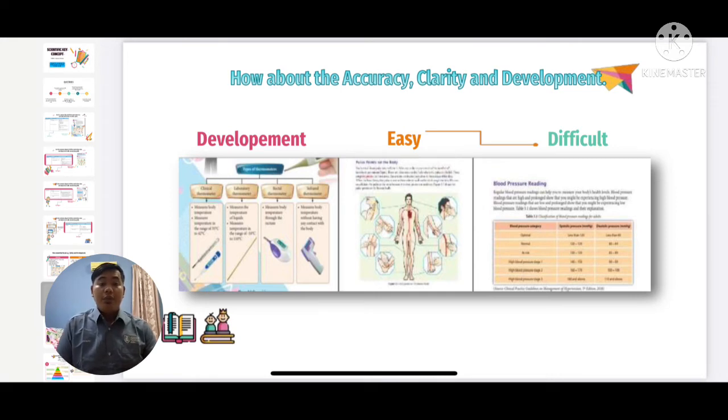Last, the point is development of the textbook. This textbook introduced the easy part for students to capture, which is picture. After that, the identification such as the pulse point at the body, followed by the calculation.